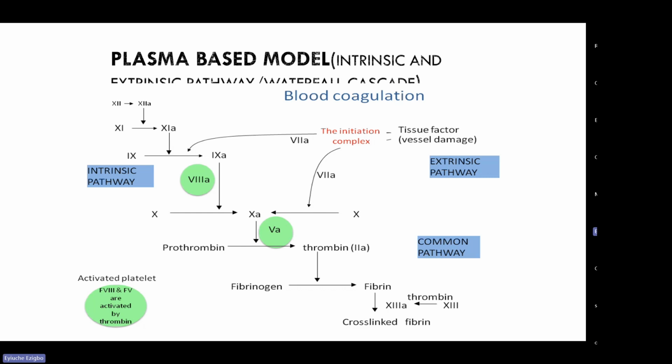These two pathways culminate into a common pathway, the factor 10 pathway. They combine at the conversion of factor 10 to active factor 10 to activate prothrombin. Both pathways meet at the common pathway.